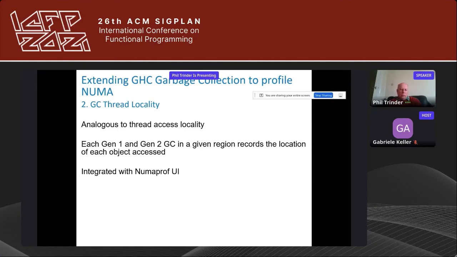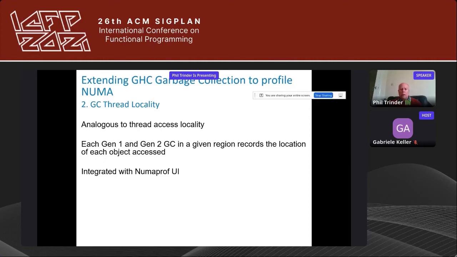The next thing we did was to look at the locality of the objects touched by the garbage collection threads. So how local or remote are they? There's three different things being profiled.